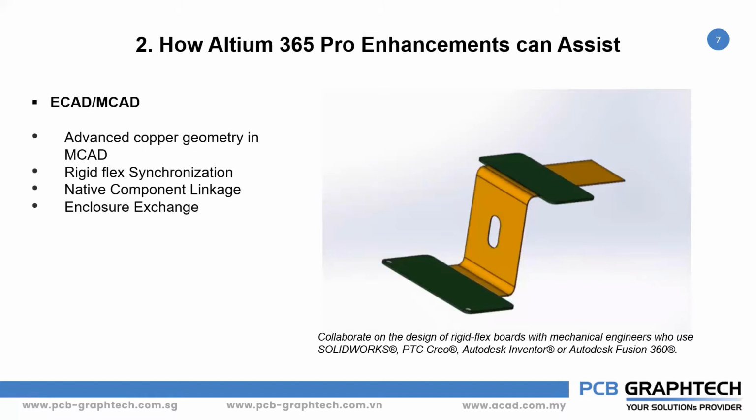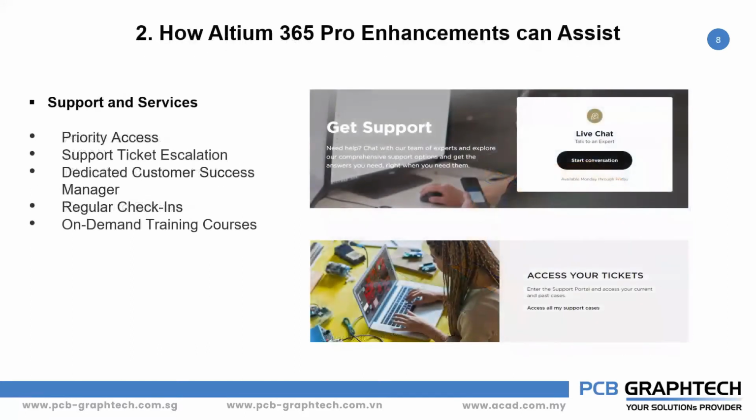There is no need to convert your file to IDF format or other formats and then import and export, nothing. Using Altium 365, you can just push it to 365 Pro, and then pull it in your ECAD software. So you can do this ECAD MCAD collaboration.